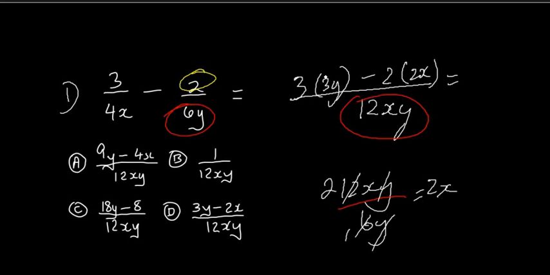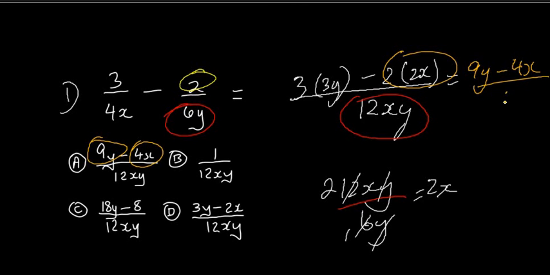Okay, and so as we can see here, we're clearly going to get what? 9y, which we have right here. And this is going to give us what? 4x, which we have right here. And of course, these are unlike terms. And so that will be our answer, 9y minus 4x. So this is basically trying to show you the fastest way that we can actually get through, because it's multiple choice.